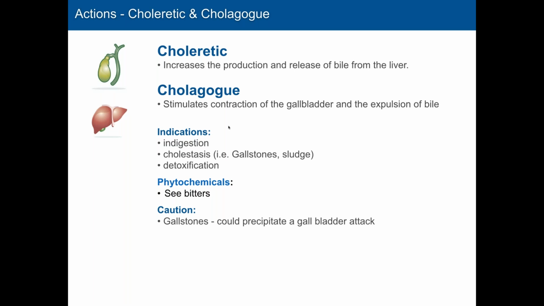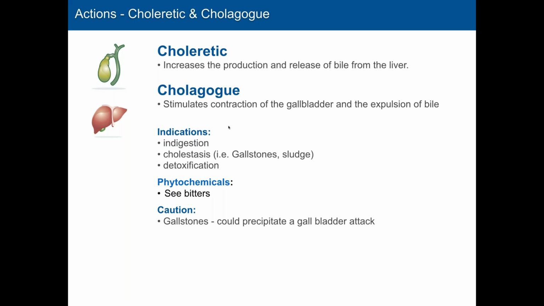Now, one of the cautions you have to have with cholagogues and choleretics, more so with the cholagogues, is if someone has an existing gallstone and you stimulate the gallbladder to contract, it could cause a gallbladder attack, because these gallstones could end up getting pushed out into the common bile duct, leading to pain.